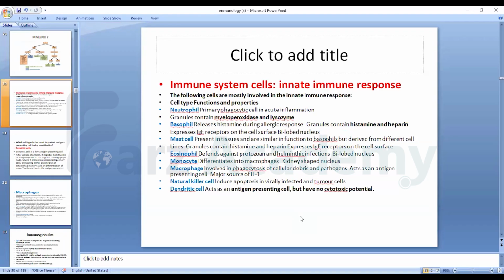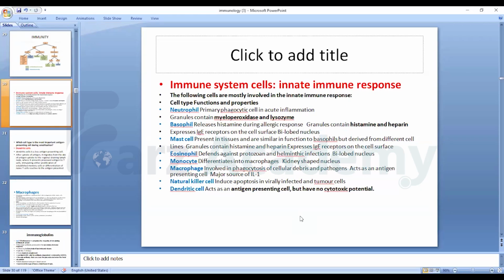Mast cells are present in the tissue and are similar in function to basophils but derived from different cell lines. Granules contain histamine and heparin, and they also express Ig receptors on the cell surface. Eosinophil defends against protozoan and helminthic infection. It has a bilobed nucleus.